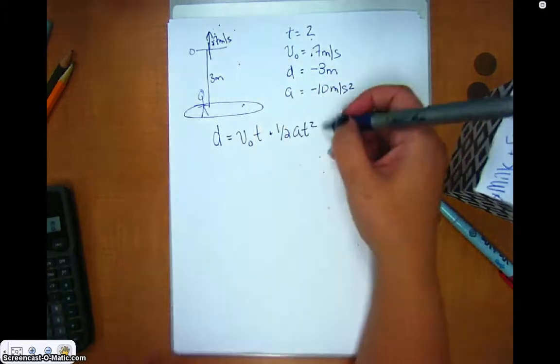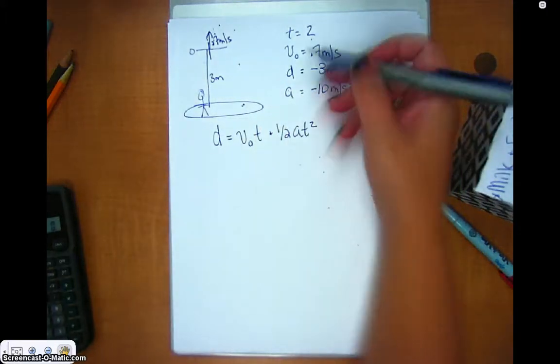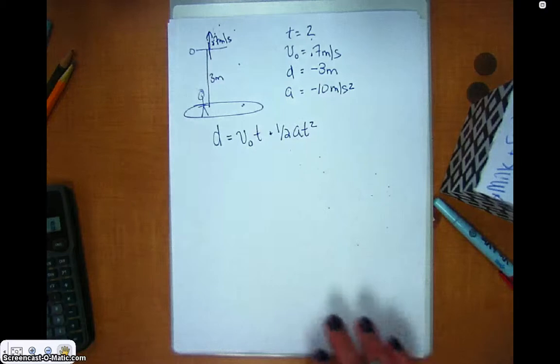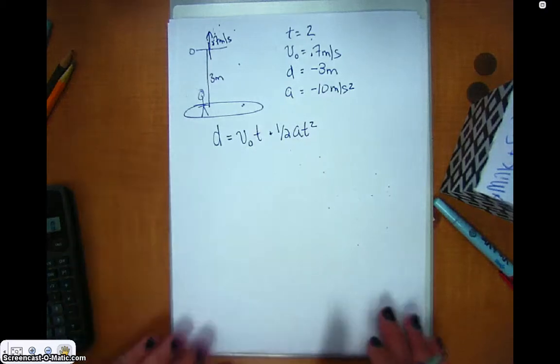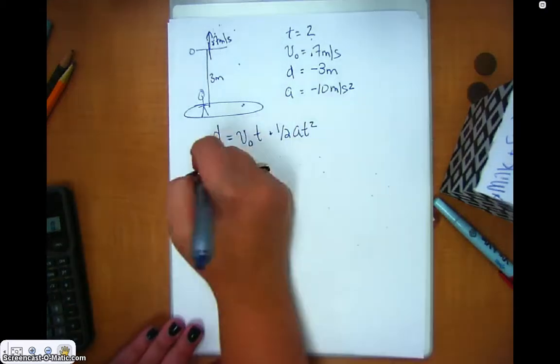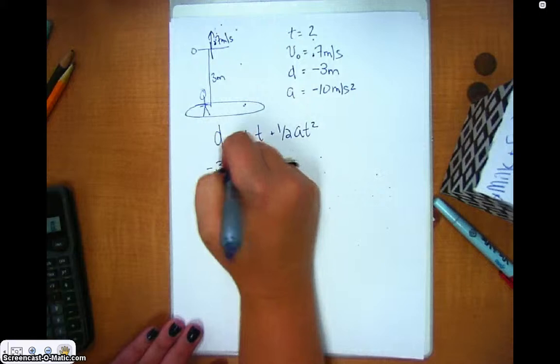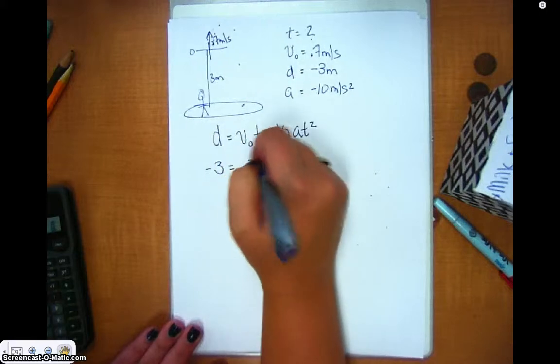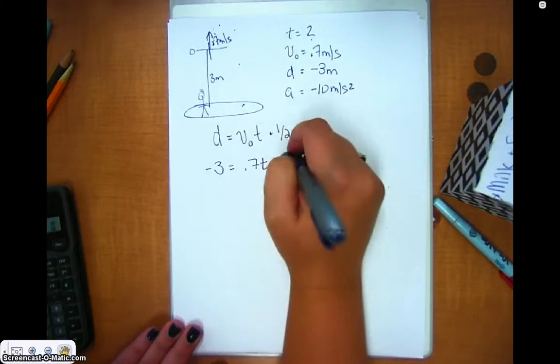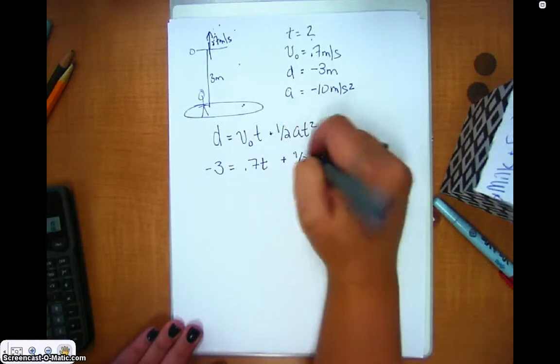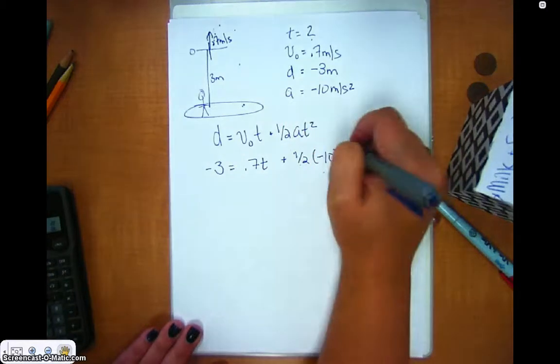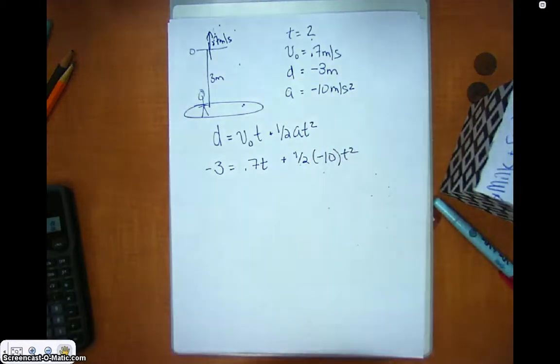And it's a quadratic, and since we're solving for t, we're going to have to use the quadratic formula. So let's go ahead and just plug everything in first. So I've got my minus 3 is equal to 0.7t plus 1/2 of negative 10t squared. Now, in order to use a quadratic, I have to set it equal to 0.